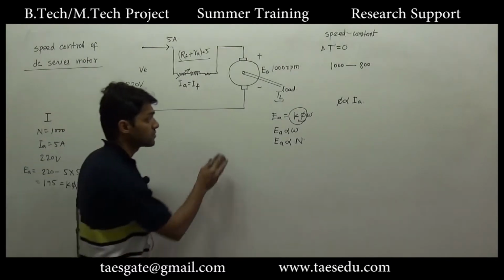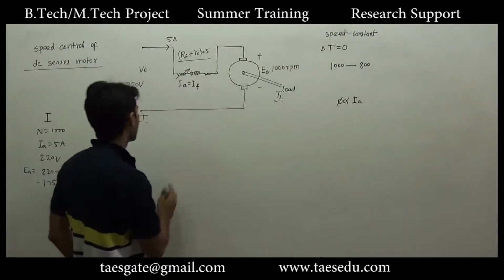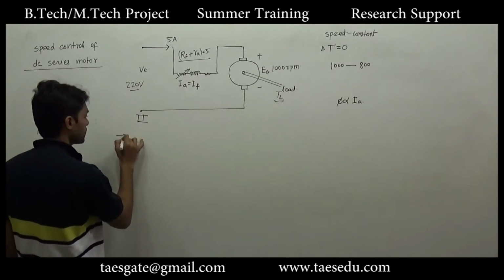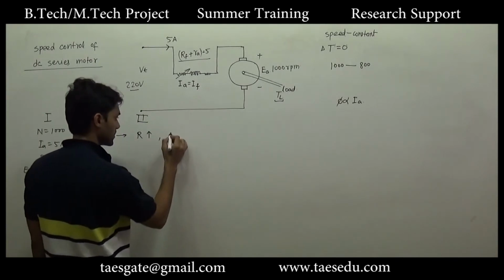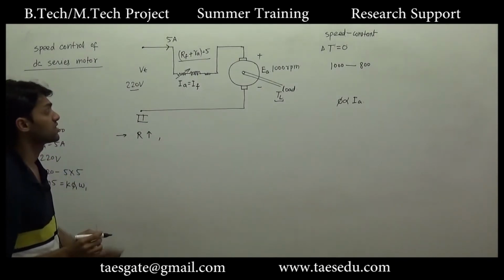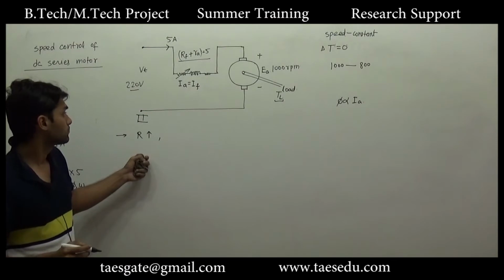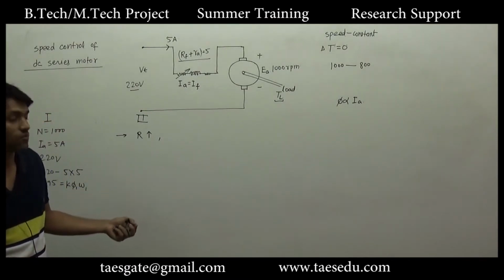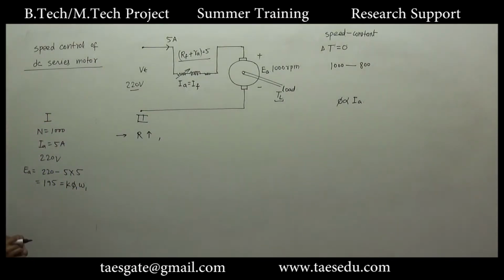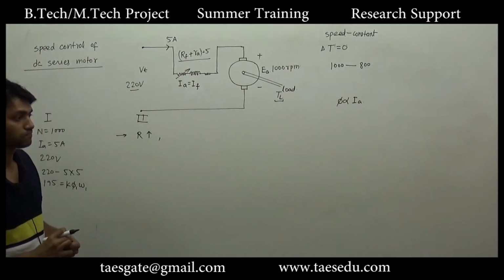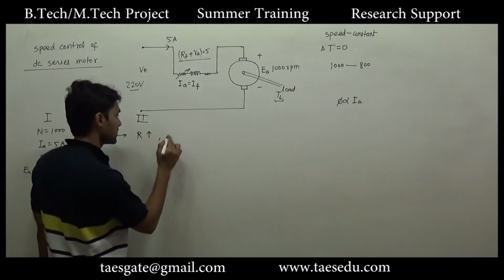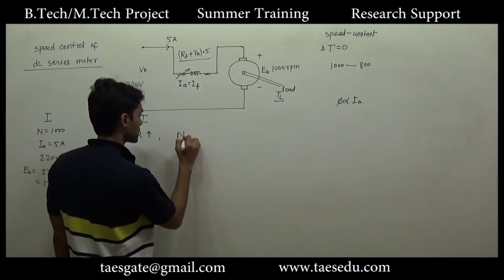What I have observed, in any case, if you will increase the armature resistance, whether it is DC series motor, DC shunt motor, or separately excited motor, even in case of 3-phase induction motor, if you will increase the resistance, speed will go down, speed will decrease.